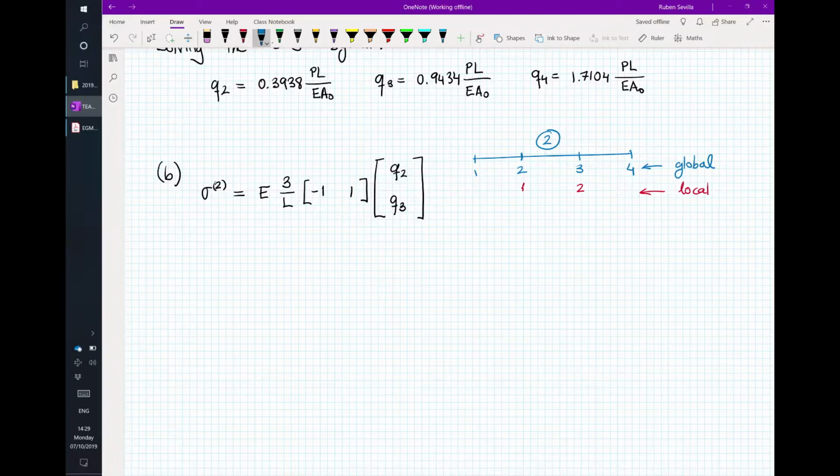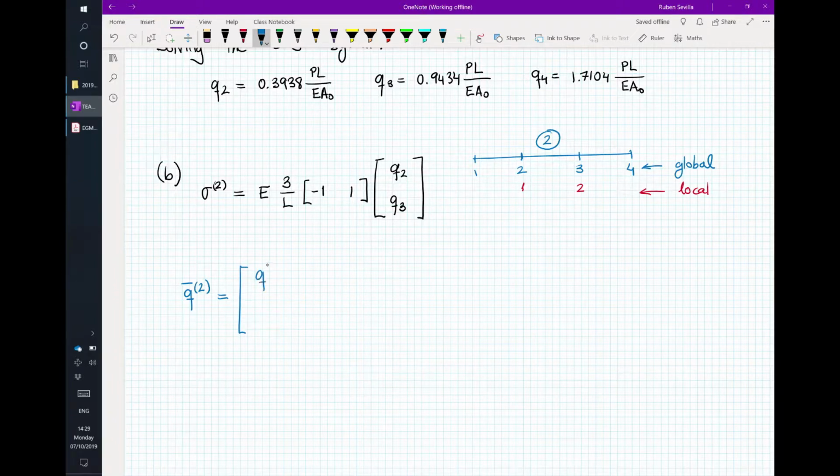The important thing here is that you don't get confused with notation. When we are referring to Q with an E, with a number of element, we know that there are 2 values.